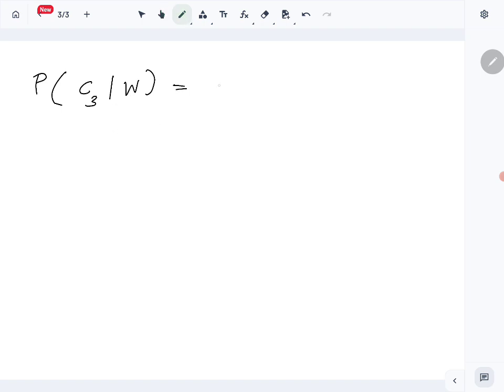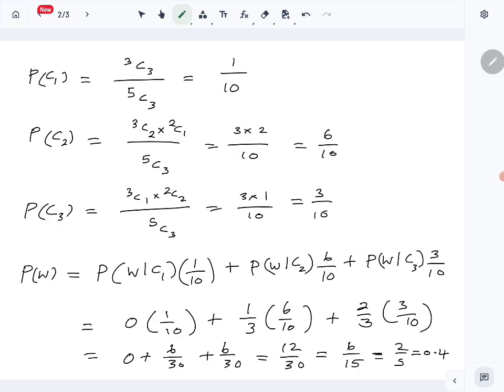So this is going to be P(W) in the denominator, and up here we have P(W|C3) times P(C3). Right. So let's figure that out.